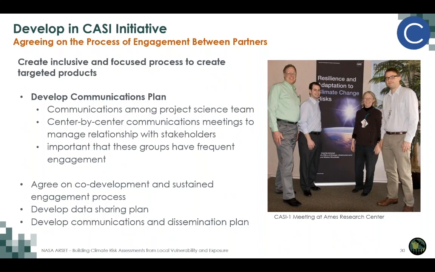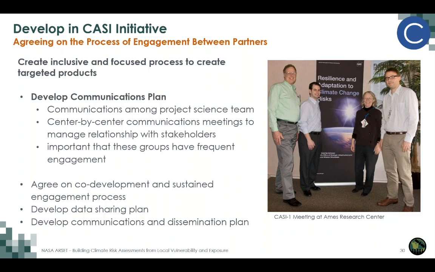The plan also emphasizes a co-development of sustained engagement process by developing intermediate meetings between stakeholders and work group scientists that may require deeper discussions depending on the hazard they want to focus on. To facilitate seamless data sharing, CASI established clear protocols for data access with center managers and headquarters.